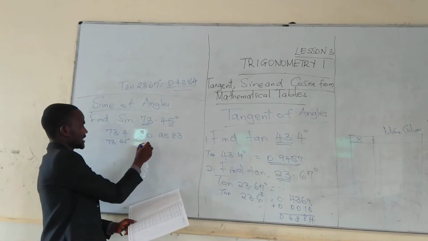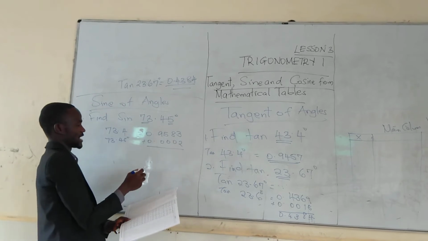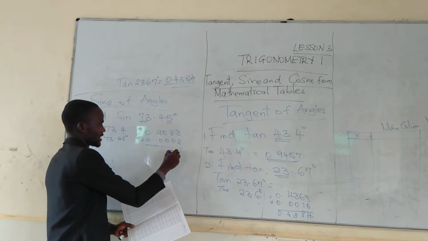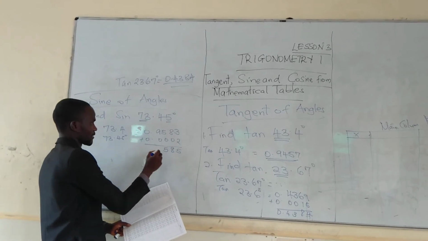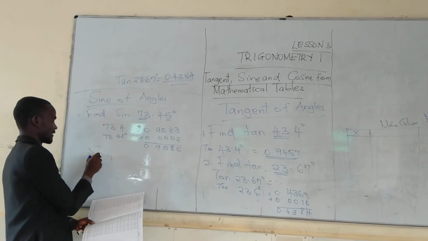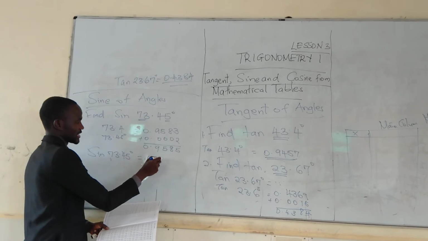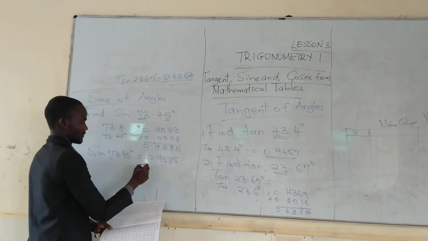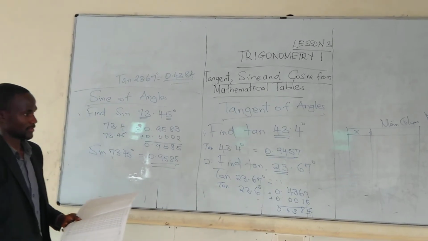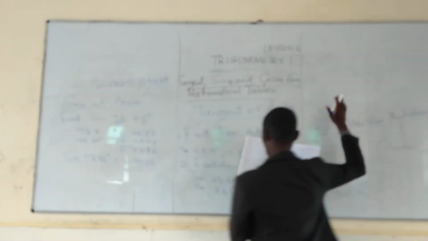So basically we are adding 0.0002. We add because we have been directed there to add. So sine 73.45 degrees will be 0.9585. So basically, those are very easy things.